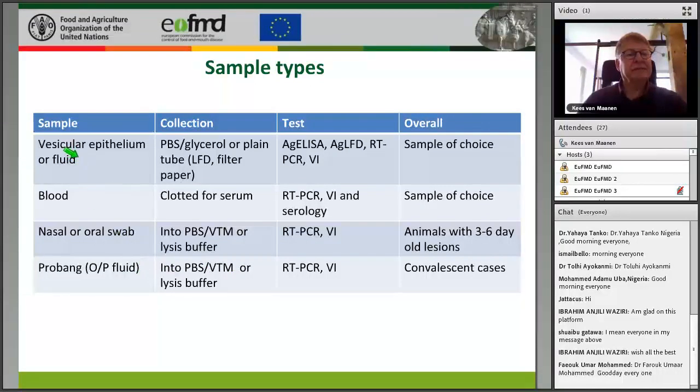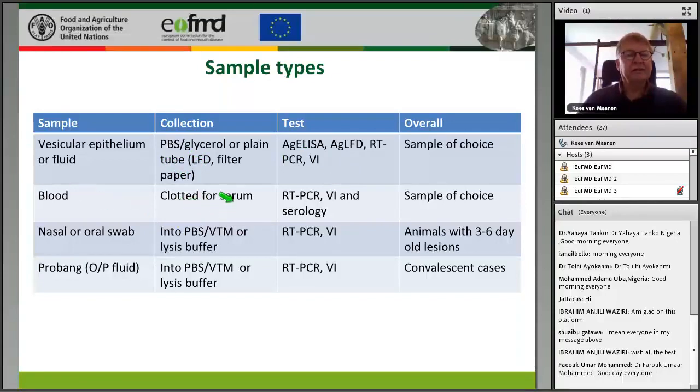We have vesicular epithelium or fluid. You should collect that in PBS glycerol or an appropriate transport medium with a good pH of higher than 7.4 usually, or in a plain tube when you talk about vesicular fluid, or you can collect it on an LFD or a filter paper, and you can test that with different sort of tests. I just discussed that briefly.